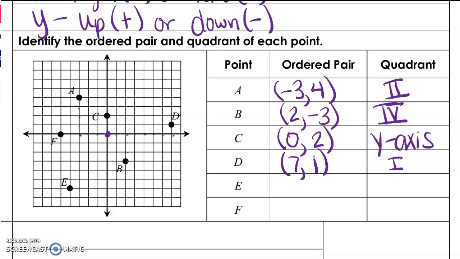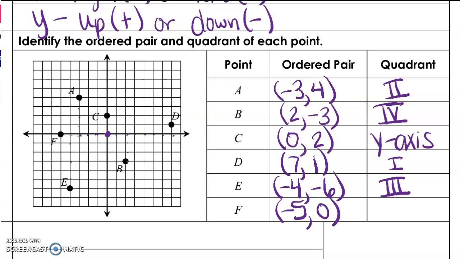For E, we start by going left, 1, 2, 3, 4, so -4 since we went left, and down, 1, 2, 3, 4, 5, 6, so -6 since we went down. E is in quadrant 3. And finally, F, we go left, 1, 2, 3, 4, 5. So -5 is my x. I do not go up or down, so it's a 0.